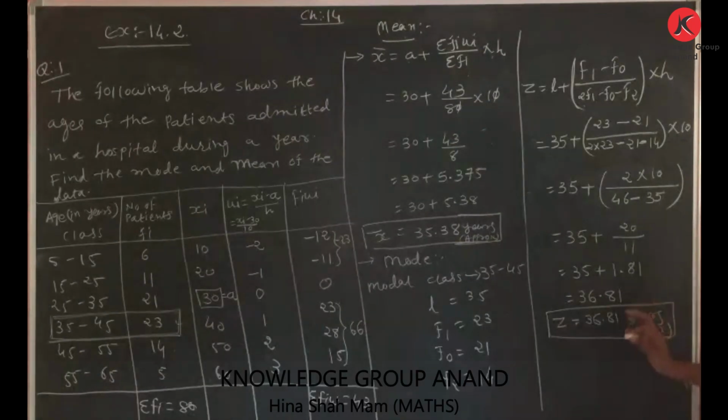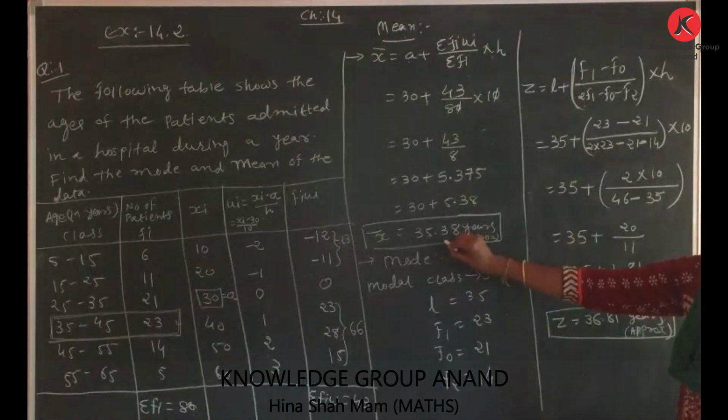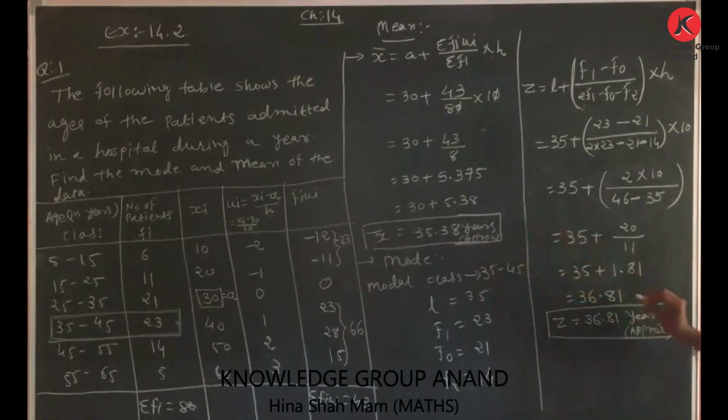So in this question, mean is equal to 35.38 years and mode is equal to 36.81 years.